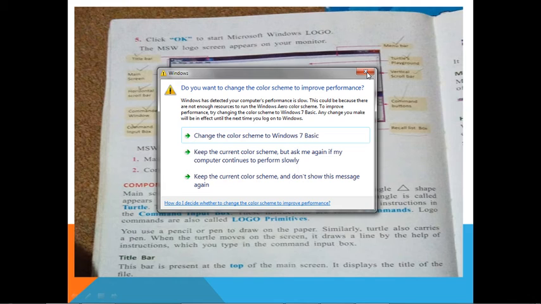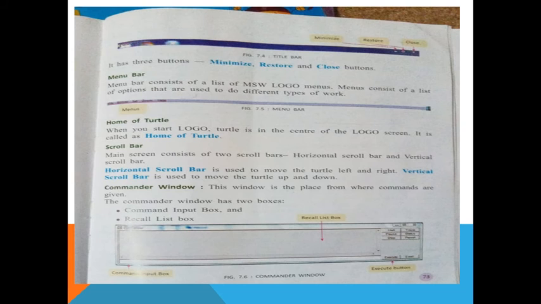So after that, you can see here, this is the title bar, the blue color line, title bar. It has three buttons: minimize, restore and close button. Come to the menu bar. Menu bar consists of a list of MSW Logo menus.